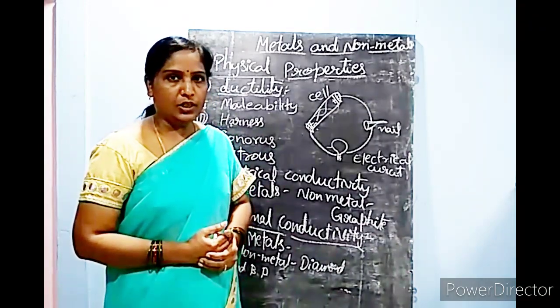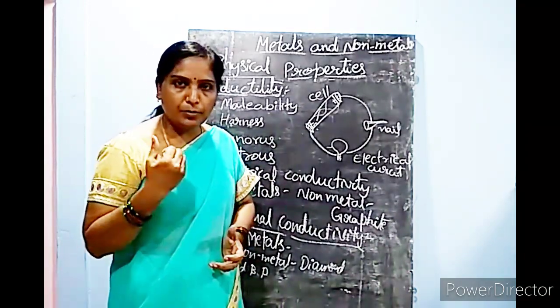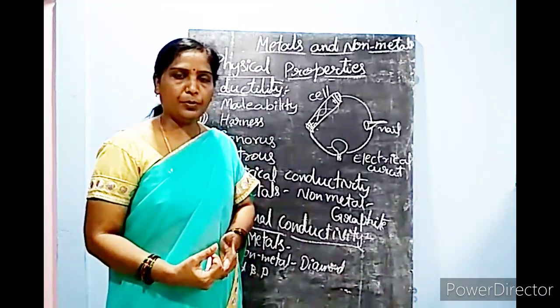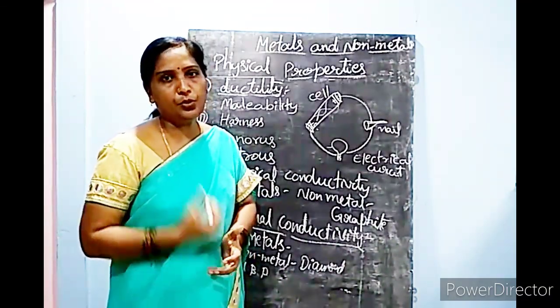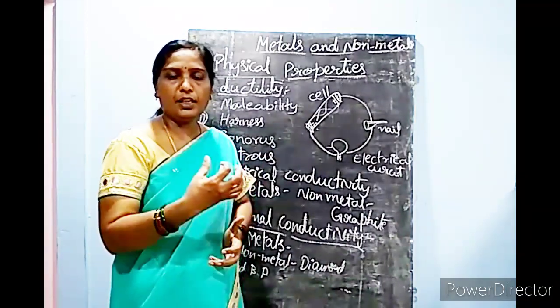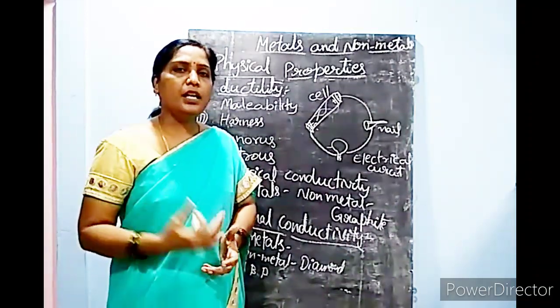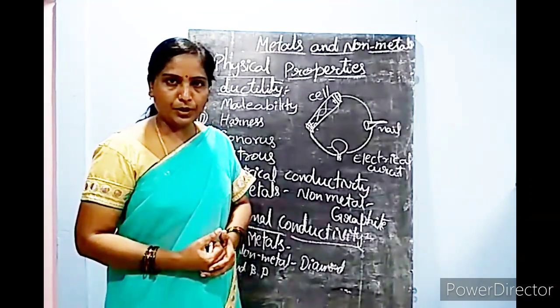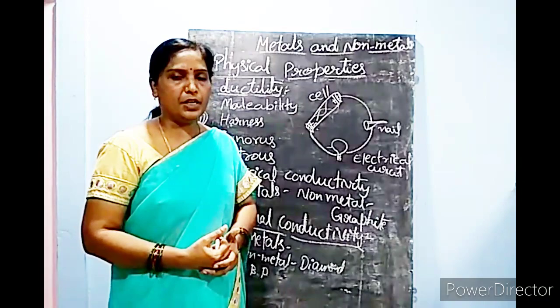It's not at all. So we need to study their chemical properties also. When you study chemical properties, then it will be easy for you to understand which elements are metals and which are non-metals. So in our coming class, we will discuss the chemical properties of metals and non-metals.